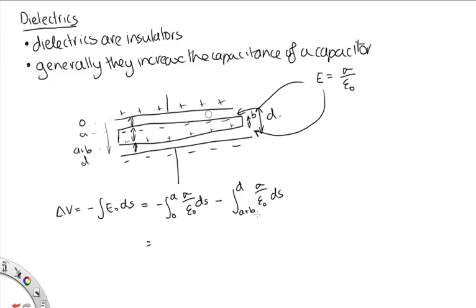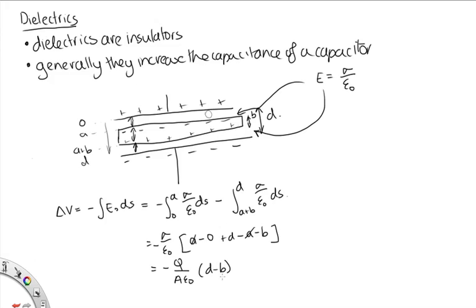So just doing this integral, we'll pull sigma over epsilon naught out the front. This first integral, we've got a minus 0, and we've got a negative sign, and then in the second integral, we've got plus d minus a minus b. And so we end up with minus sigma, which is Q over A epsilon naught, times d minus b.